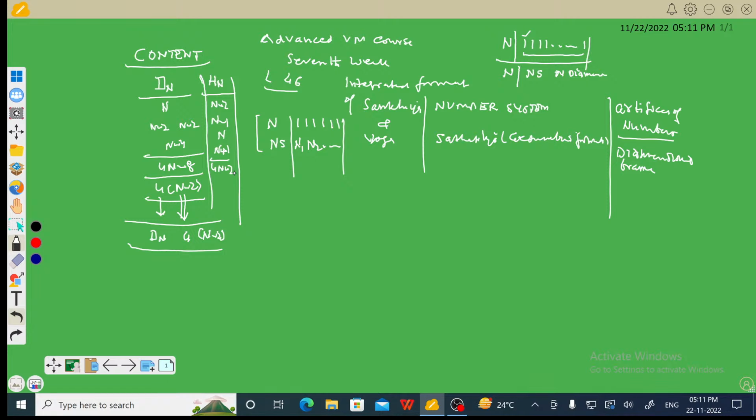The Dn has given rise to 4n minus 8, while Hn manifestation requires 4n minus 2. It is this deficiency of 6 which leads to H2, that is 0, 1, 2, and 3.